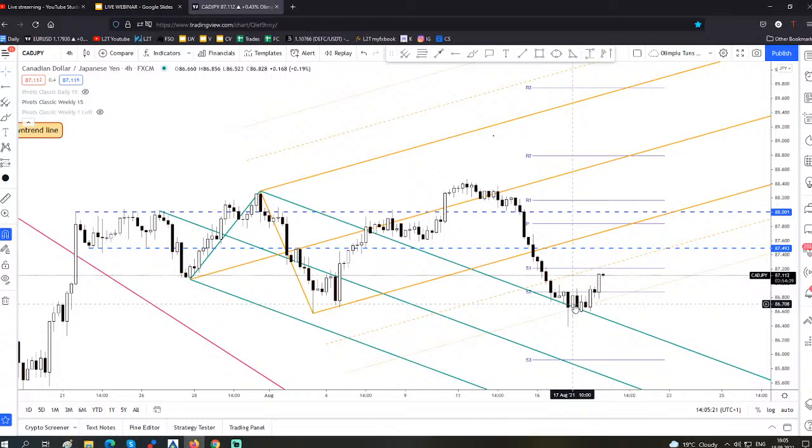So here I believe that we had something like an inverse head and shoulders pattern, neckline, new higher high. So yeah, but right now unfortunately this was not on my watch list, because this is already gone.